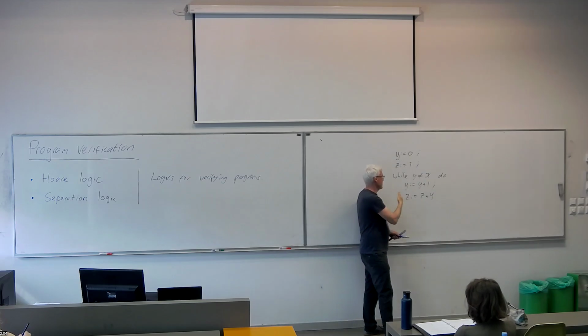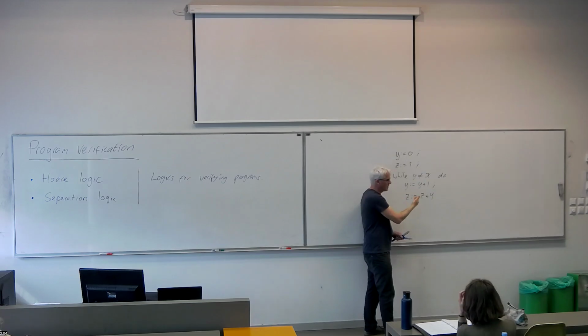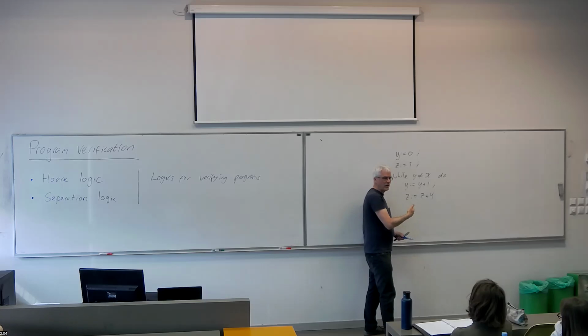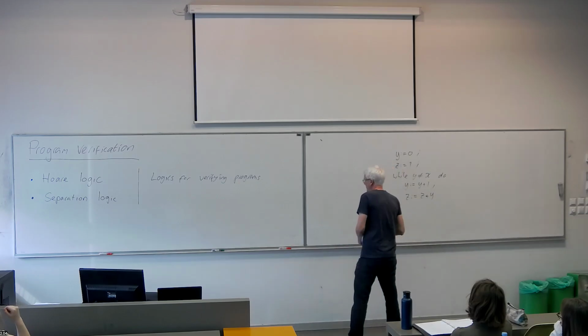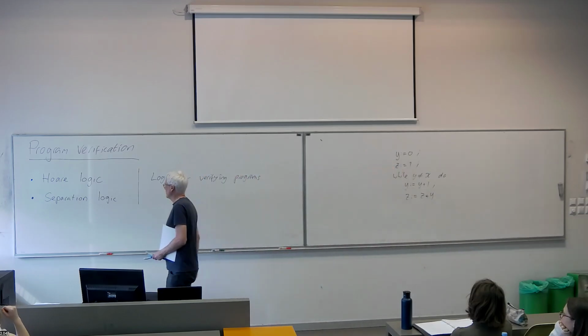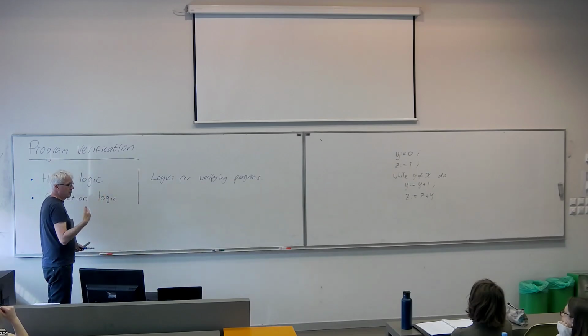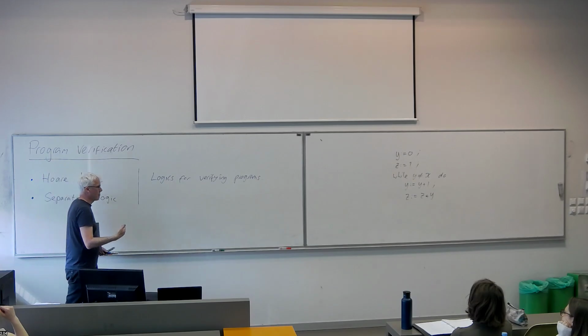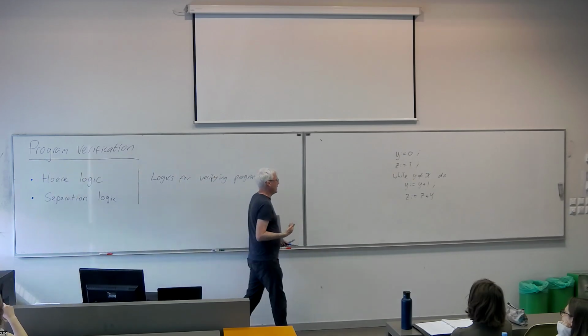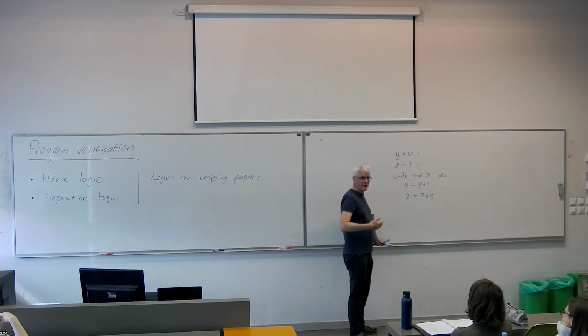And so he viewed Hoare logic, which we're going to see in a moment, as a way of precisely defining what a program does. Irrespective of whether or not you think it's a good way of defining what a program does, an important aspect of it is that Hoare logic is going to give us a logic for specifying properties of programs, and it's going to give us proof rules for verifying that programs satisfy those properties.